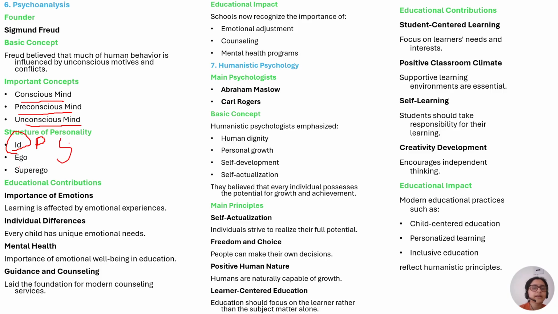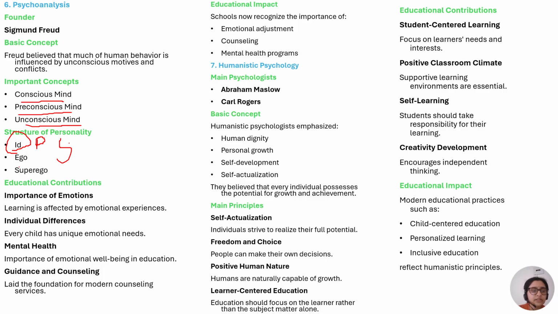Then the ego. What is the ego? The ego is the reality principle. The ego is nothing but I first, then others. First my pleasures have to be fulfilled, then others. I am great. That feeling of I is called ego.